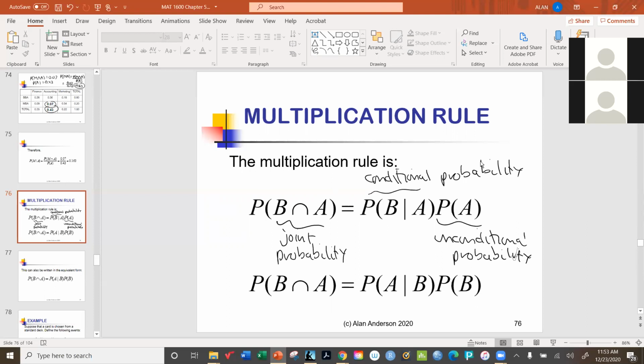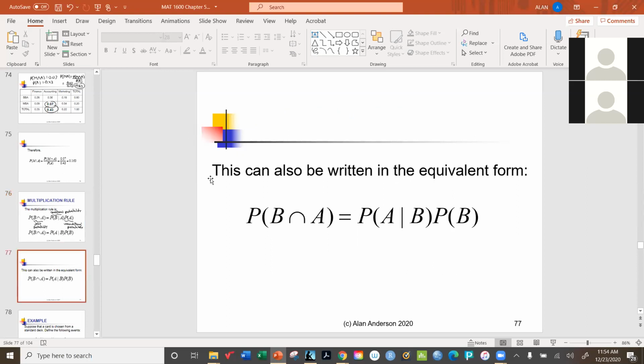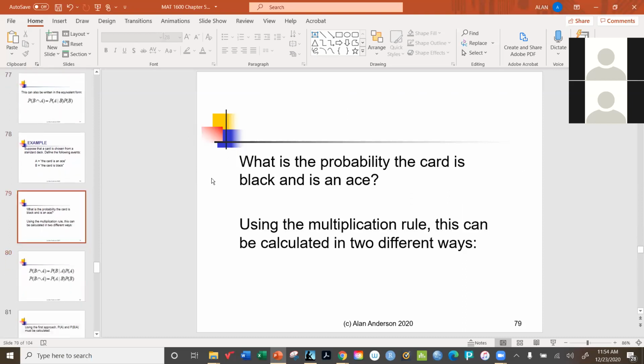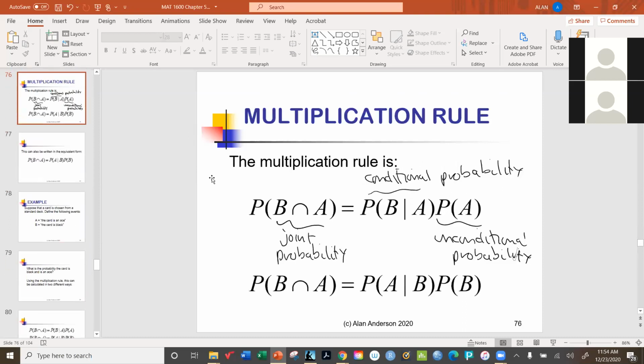So in this first case, you're given A and you're looking for this probability. In the second case, you're given B. That's why there's 2 different versions of this rule, because you could be given either of these 2 pieces of information before you do the calculations. So now these examples are fairly complicated.